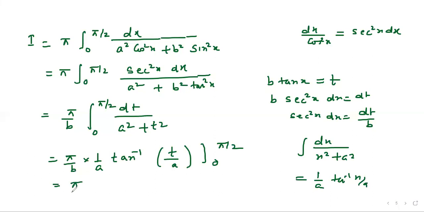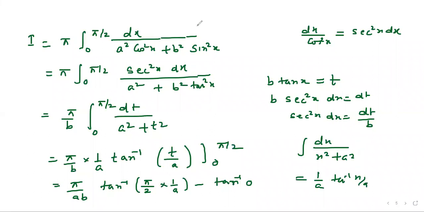So pi upon ab tan inverse, in place of t we write pi by 2. So pi by 2 times 1 upon a minus tan inverse 0.